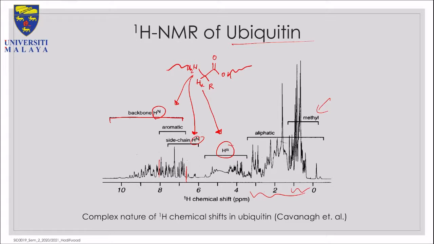Of course, if you combine with mass spectrometry, for example, then yes, you can identify the sequence of the protein or peptides, but this lecture is specific for NMR and how you can actually validify the sequence of your protein or peptides using NMR.